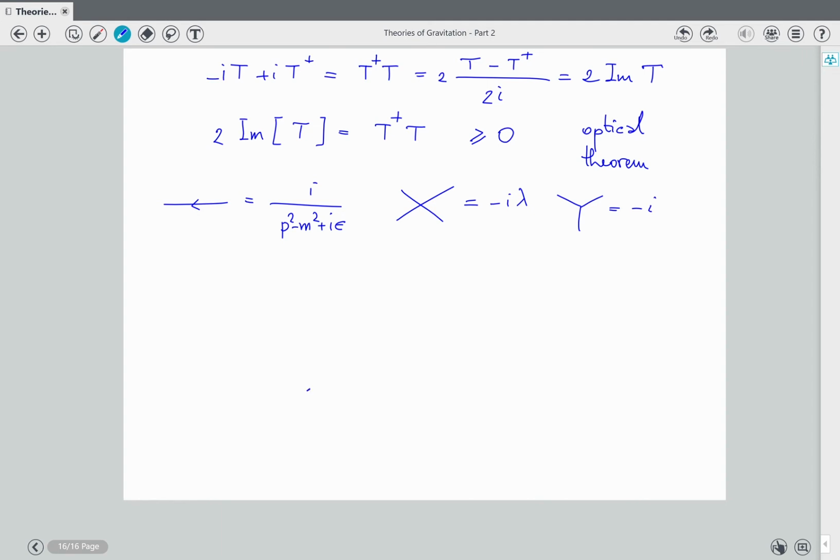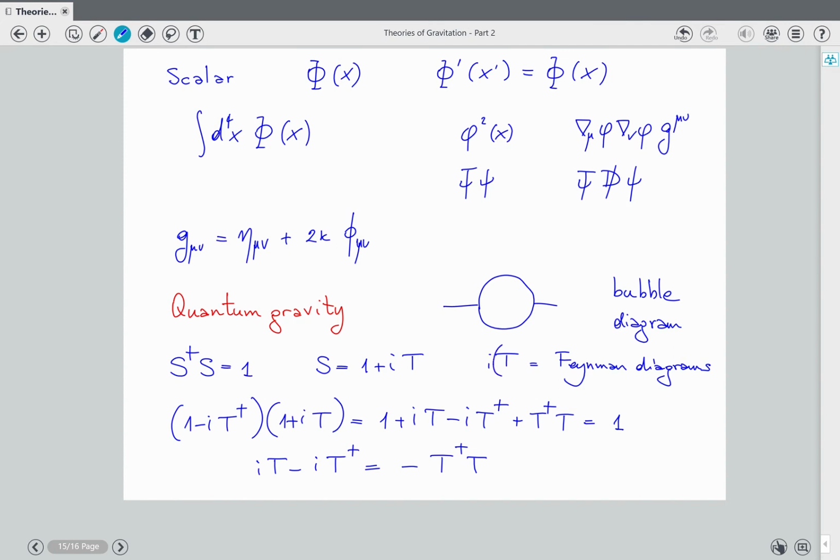And we have checked that twice the imaginary part of T, so not the diagram, but T, is the diagram times minus i. Put i on the other side.